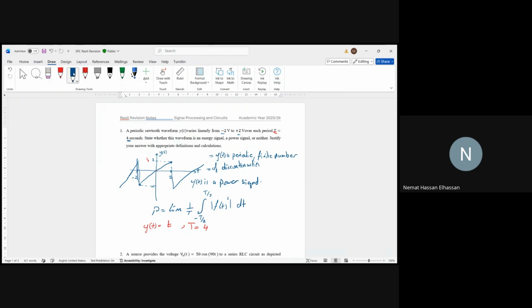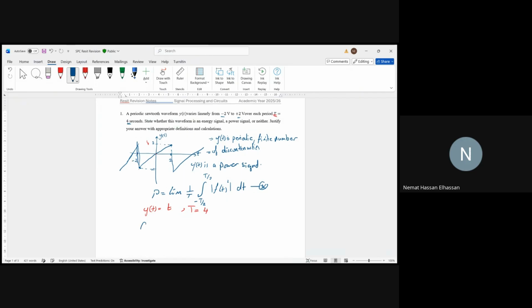So just by substitution in this formula, what I will get is that the power of the signal is equal to 1 over 4, given that my period T is 4, the integral from minus 4 over 2 to 4 over 2 of f of t, which is t, squared with respect to time, which is equal to 1 over 4 the integral from -2 to 2 of t squared with respect to t.